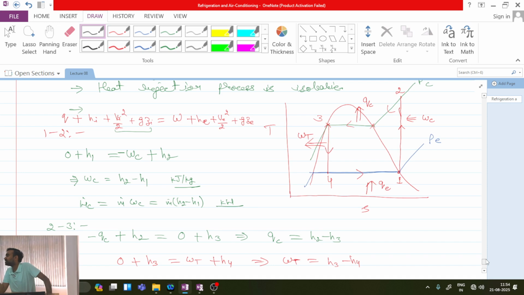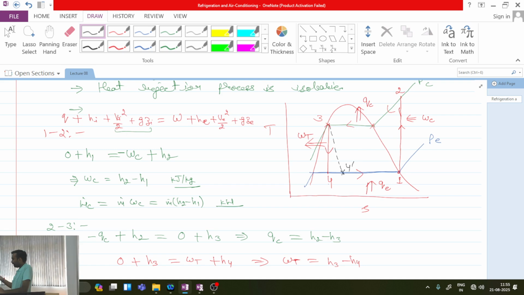So in expansion device, because of the irreversibility, there will be generation of some entropy. So because of this, the point 3 now will not follow constant entropy line, but I will be going to some point 4 dash, and this process, generally 3 to 4 dash process, throttling process, is represented by a dashed line. Why dashed line? Because it is not a reversible process.